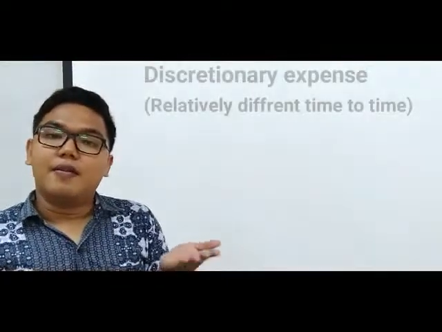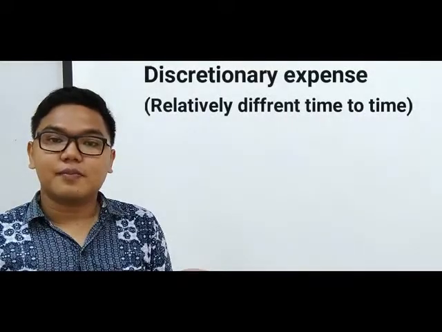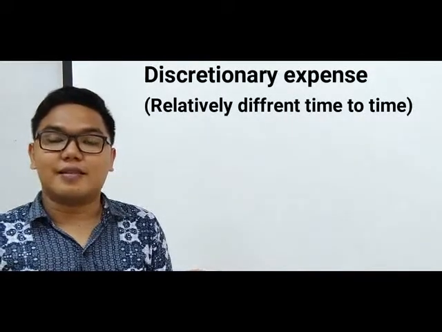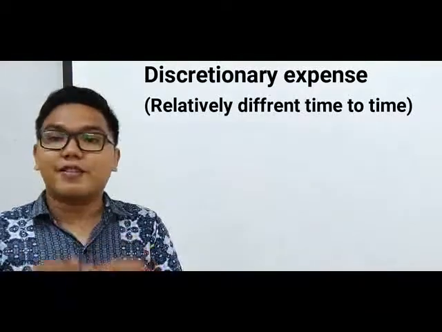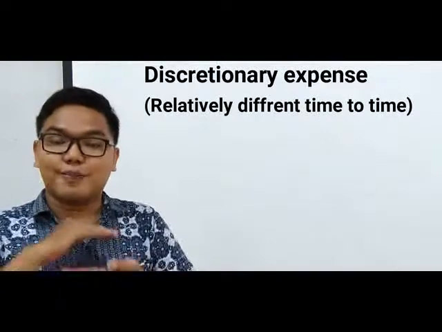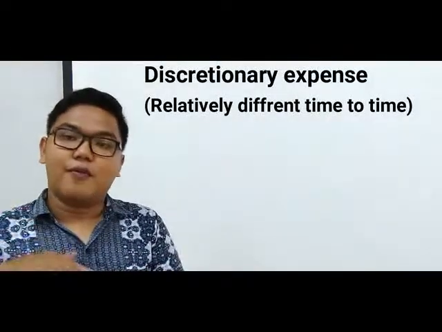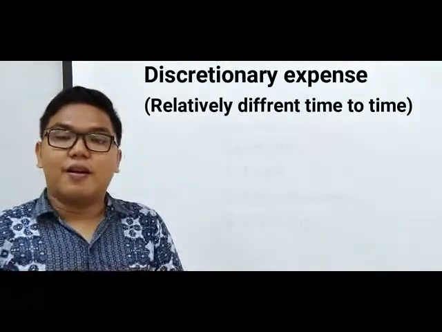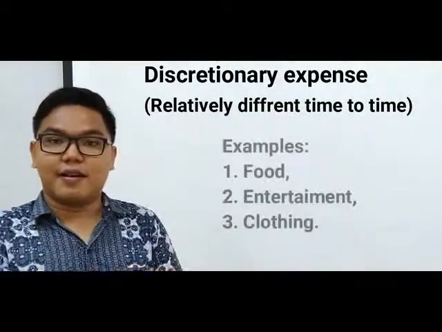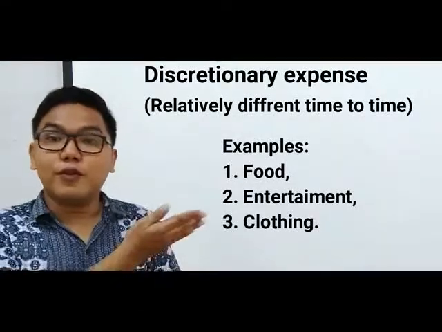And then there is discretionary expense, the second type. Discretionary expense is kind of like flexible expense. The amount of money that you spend in this expense will not be the same for the next month. One of them is food.